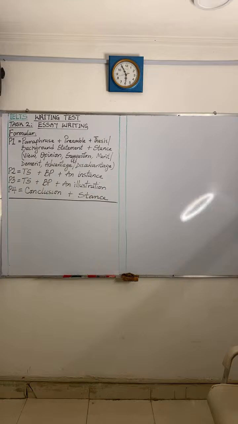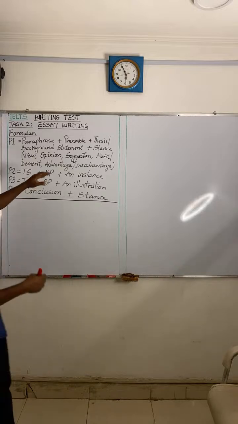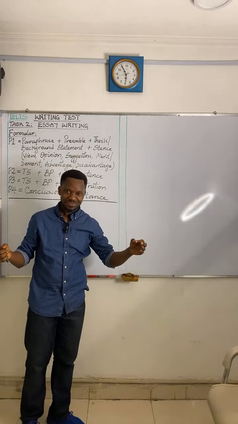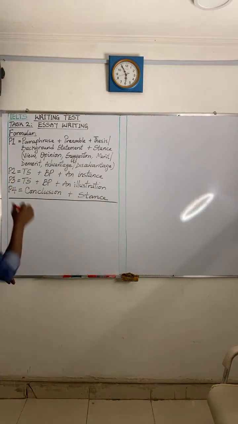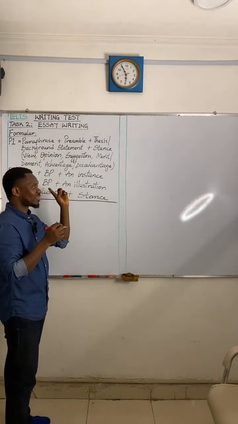As far as the welfare and standard of the people are being achieved, as far as there are lots of developmental achievements, as far as there is peace, protection, and security of lives and property. So all of these, that's your preamble about the issue. Do you understand this? Then after that, full stop.